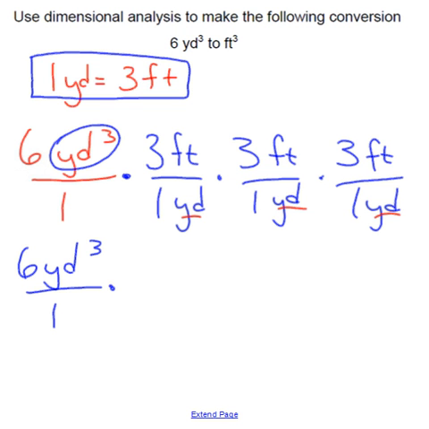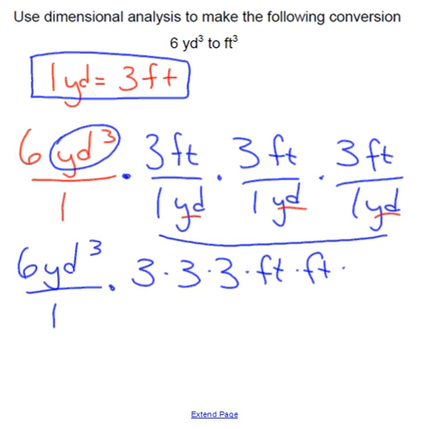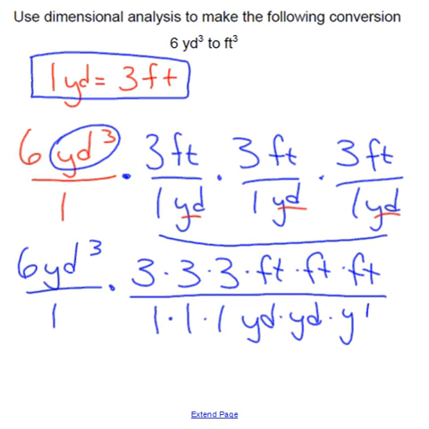And then I've got, now this is the thing I was doing before, so I have 3 times 3 times 3 times feet times feet times feet over 1 times 1 times 1 yards times yards times yards. So the reason I'm spelling it out this way is to remind you that that's the reason we repeat this 3 times, is because in order to cancel a cubic yard, I need yards in there 3 times.